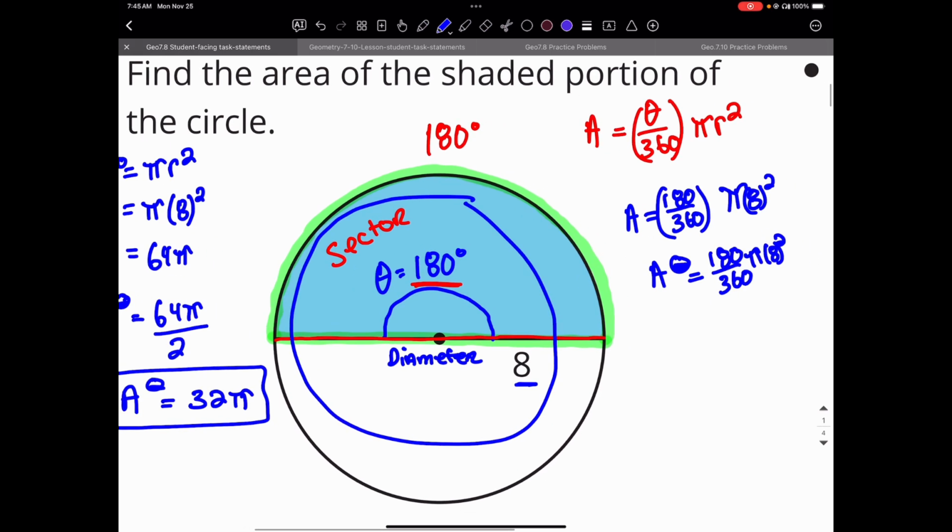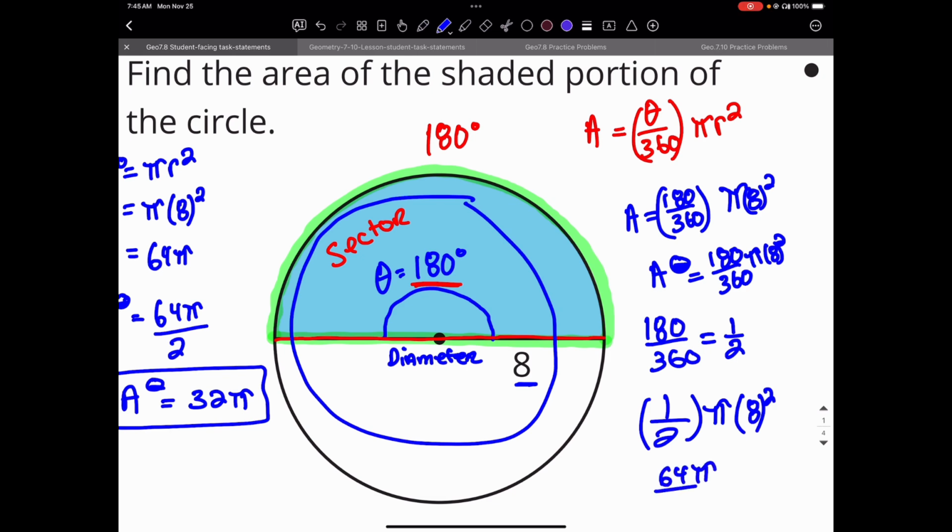So 180 over 360, that can reduce to 1/2. So then it would be 1/2 times pi times 8 squared. And of course, 8 squared would be 64, so it would be 64 pi over 2, which is just 32 pi.